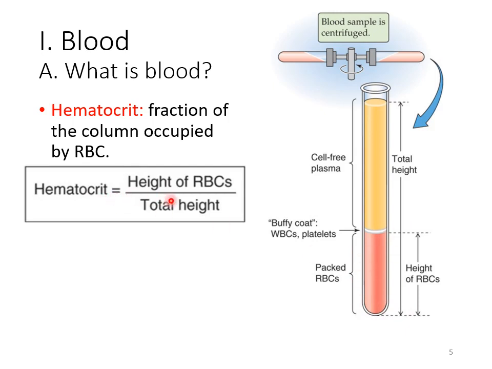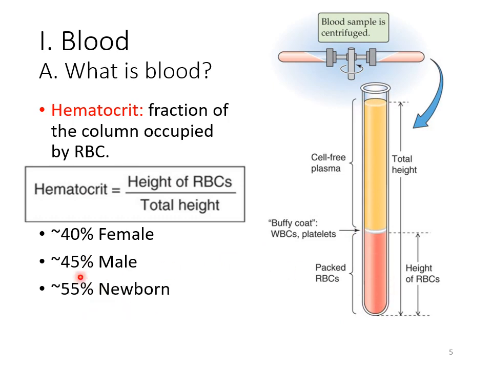You compute this by taking the height of the red blood cells divided by the total height of the column of blood. Your hematocrit is around 40% for females and 45% for males. Again, as we mentioned, males generally have a higher amount of red blood cells compared to females. Basically, 40 to 45% of your blood is composed of red blood cells. For newborns, this proportion would be a little bit higher at 55%.